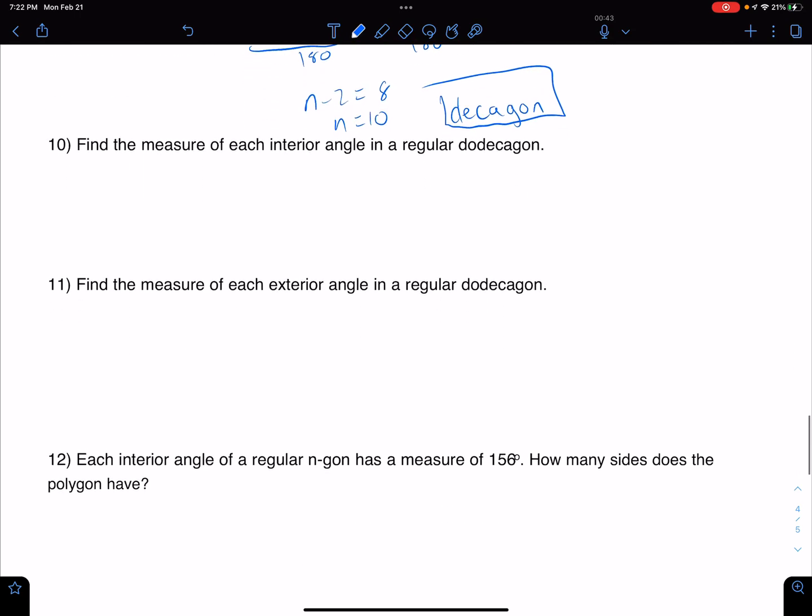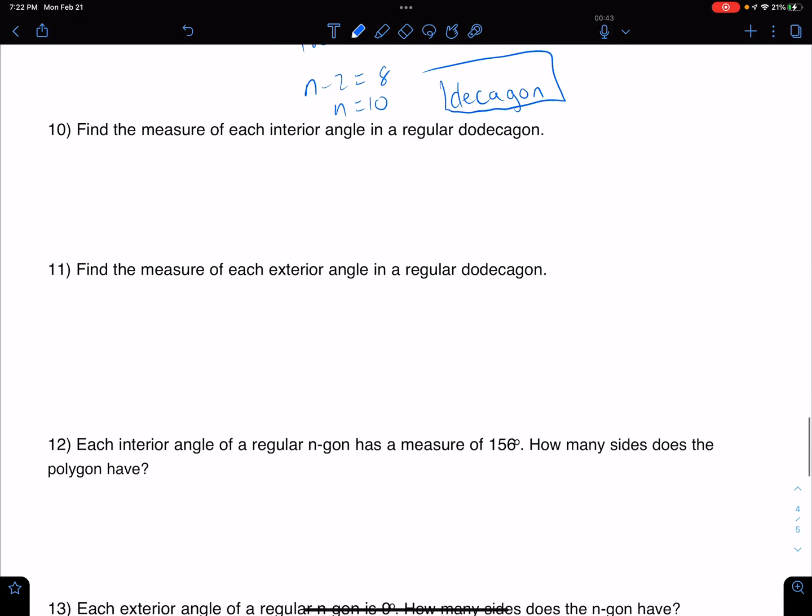Okay, 10 says find the measure of each interior angle in a regular dodecagon. A dodecagon is 12 sides. It says find each. Each means 1. So we're going to use n minus 2 times 180 divided by n.